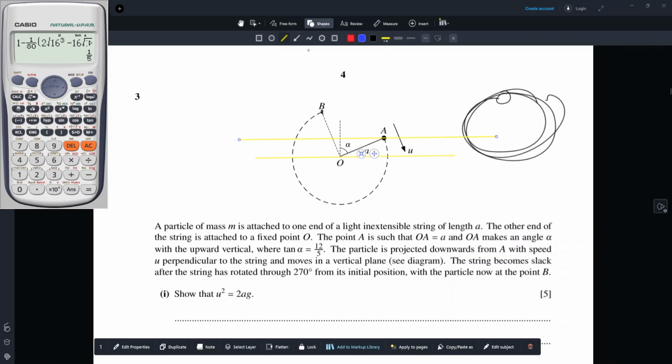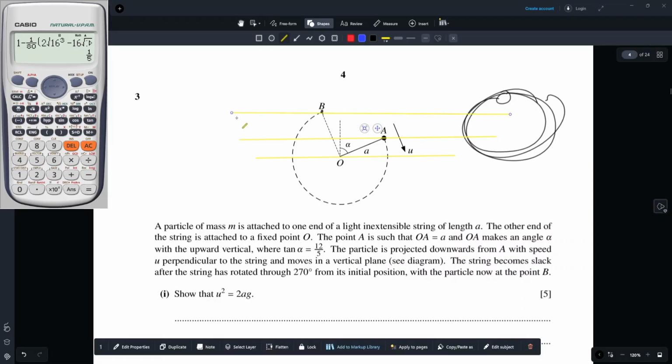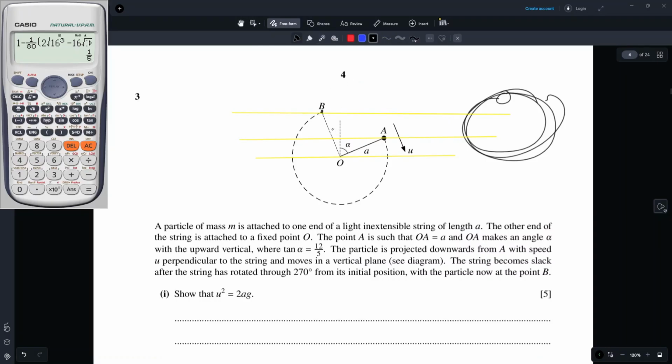So what is this little height now? And this is another height that we need. Now, keep in mind that this is 90 degrees. It is rotating 270 degrees. In order to make a complete rotation back towards A, it has to be 360 degrees, so the remainder is obviously 90.